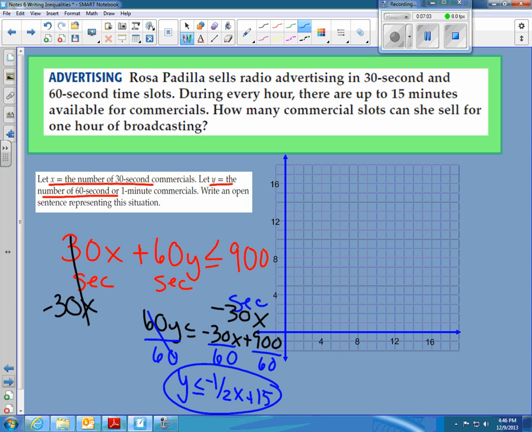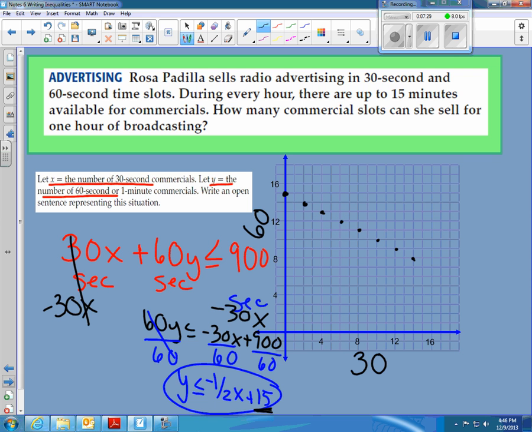So I noticed that my axes aren't labeled, so we're going to do that. We said x is 30 seconds and y is 60 seconds. So my y-intercept is 15. I go all the way up to 15 and make my point. My slope is negative 1 over 2. Each of my lines is worth 1, so I can go down 1 and over 2 and continue to do that all the way until I go off my graph.